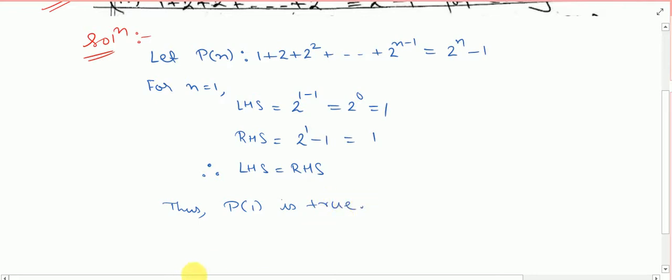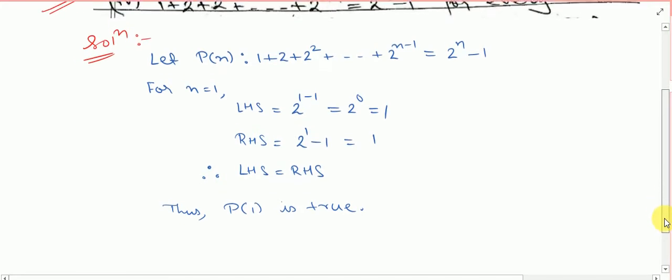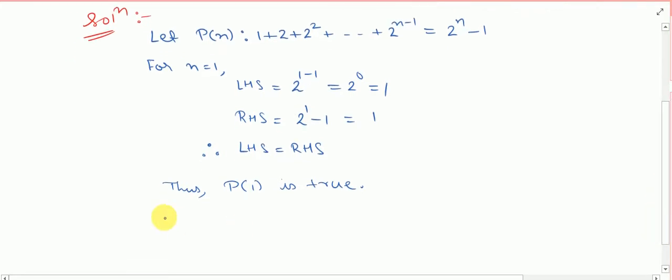P1 is true. Now next we have to assume that Pk is true. So we'll write, now let Pk be true. Then we have to copy the same thing. Okay.